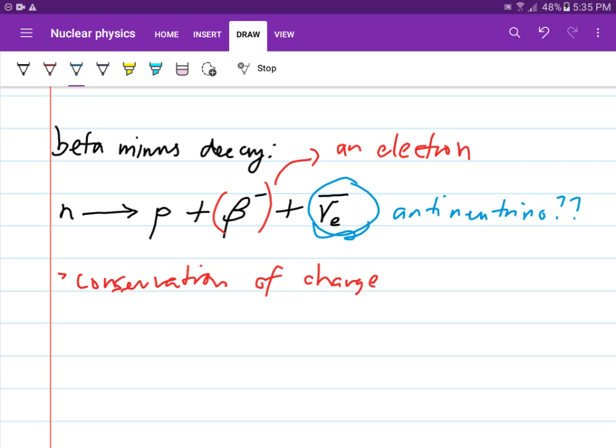An antineutrino was first theorized because when an unstable nucleus emits a beta particle, the beta particle occurs in a continuous spectrum of energies.